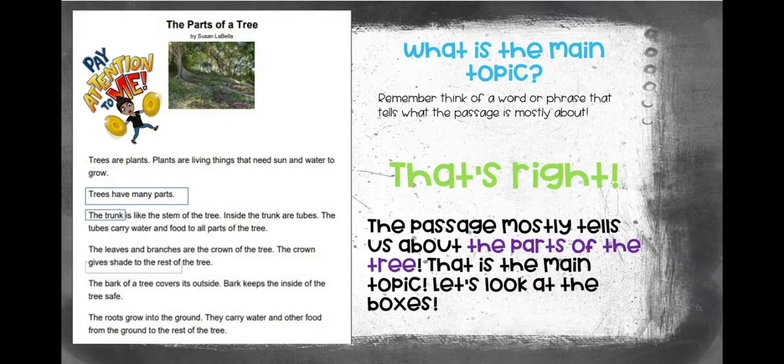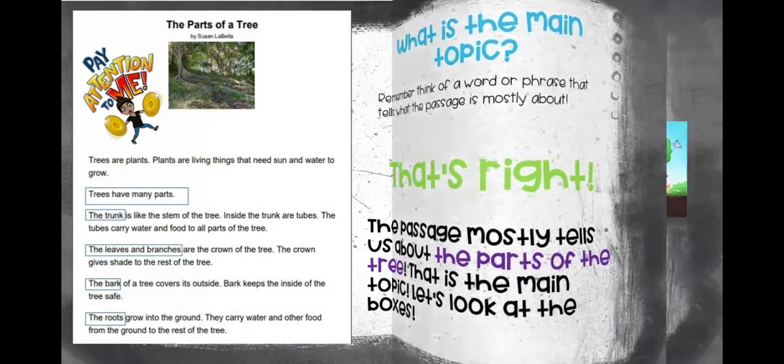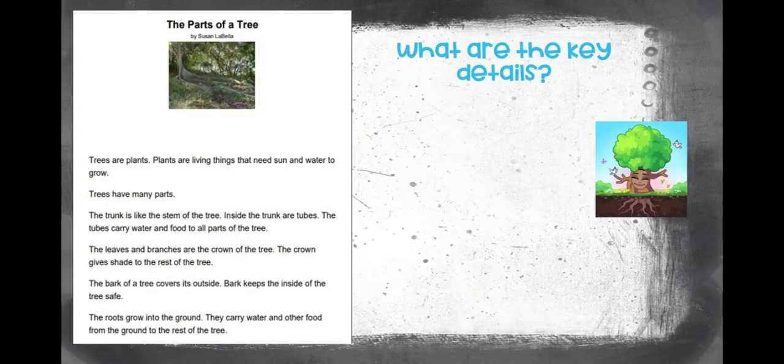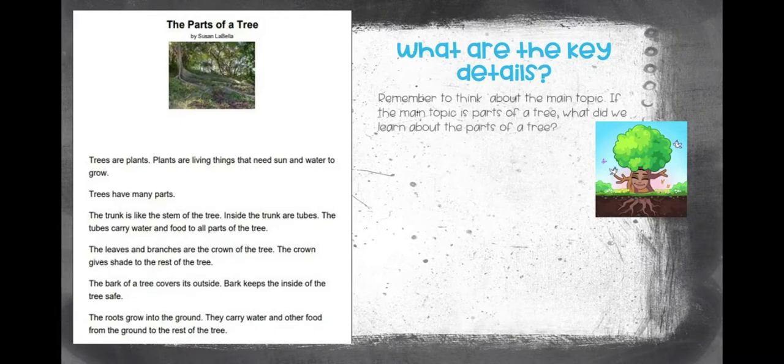Let's look at the boxes. What are the key details? Remember to think about the main topic. If the main topic is parts of a tree, what did we learn about the parts of a tree? That's right.